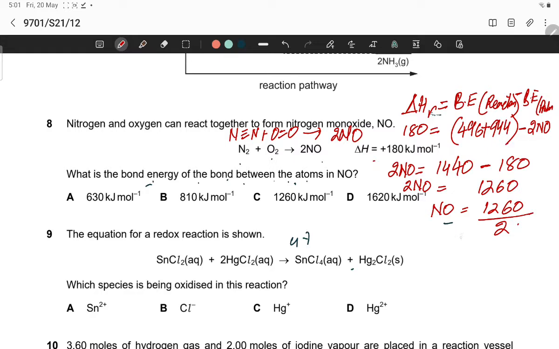So this is equal to 630 kilojoule per mole. So A option is correct.